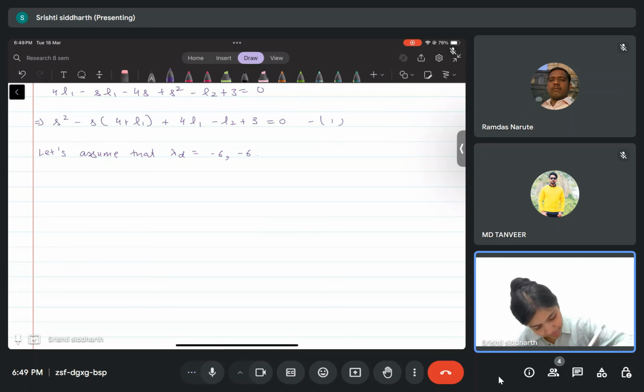In that case, we simply have S plus 6 square equals 0. So we get S square plus 12S plus 36 equals 0. Now we can simply compare the coefficients.